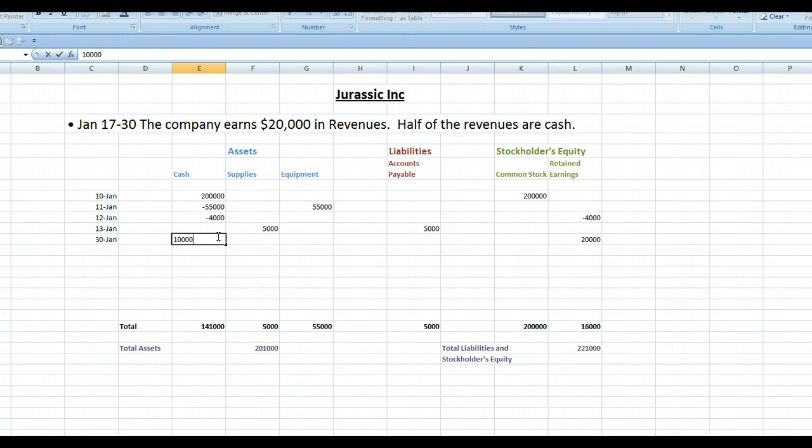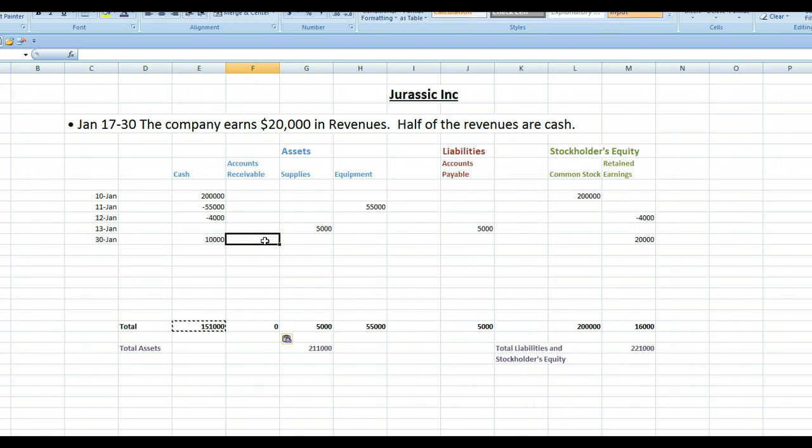We still have $10,000 remaining from our $20,000 revenue. What was that? That would be considered accounts receivable. So you would add that to accounts receivable. I just created a column for accounts receivable, so we had $10,000 in accounts receivable. So that's your equal and opposite reaction.